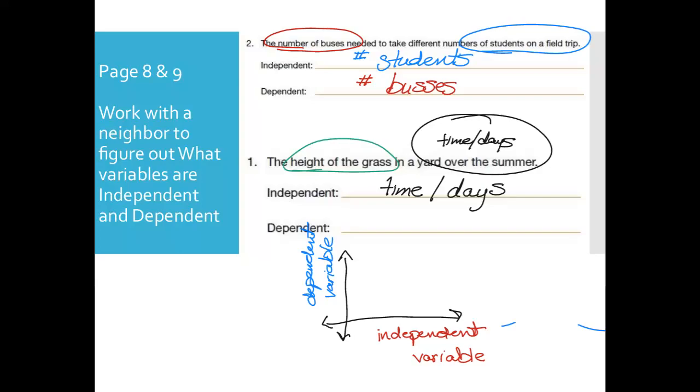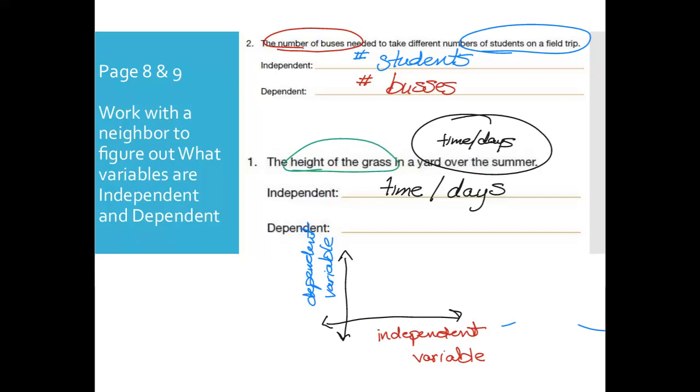Okay, so there's one part, when you're talking, you're leaning in. I know, I was, wasn't I? And then I talked myself out of it. I was like, wait a minute. You're like, the height of the day. The height of the grass. The grass is going to grow. What were you going to say? Yeah. So the height of the grass is going to grow.